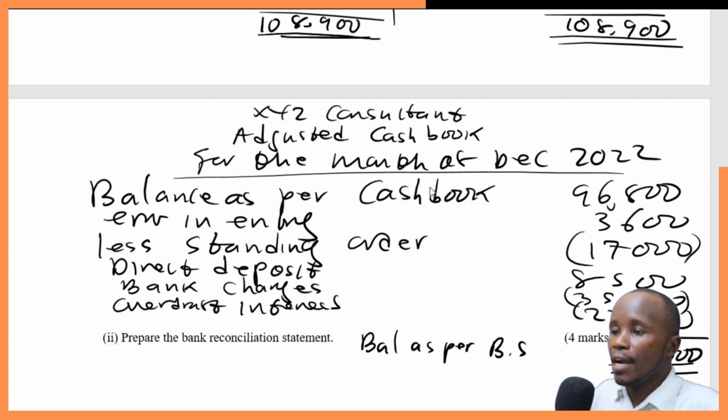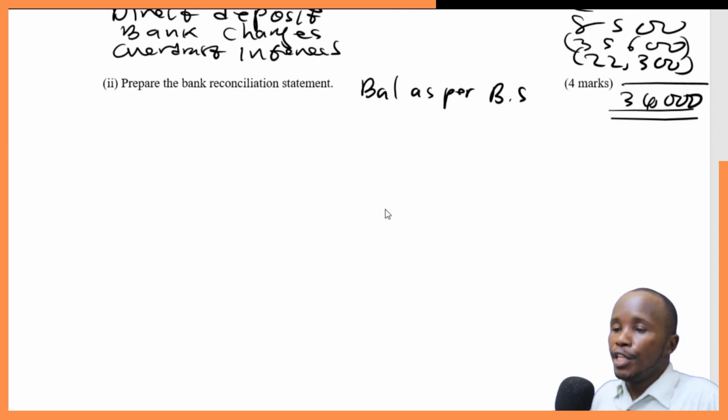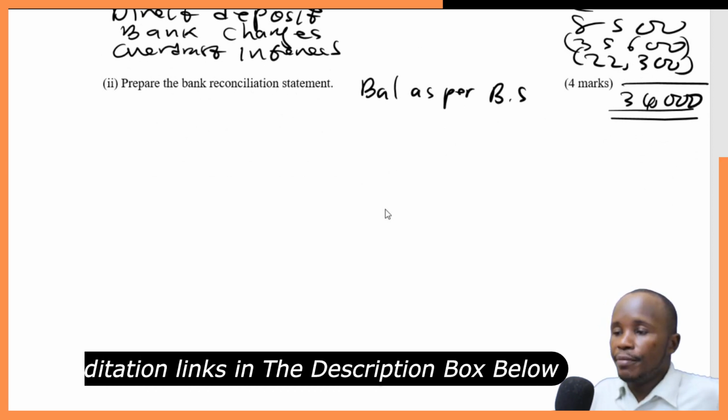Now that is it. That's how we prepare an adjusted cash book. The next thing we need to do here is to prepare the bank reconciliation statement.